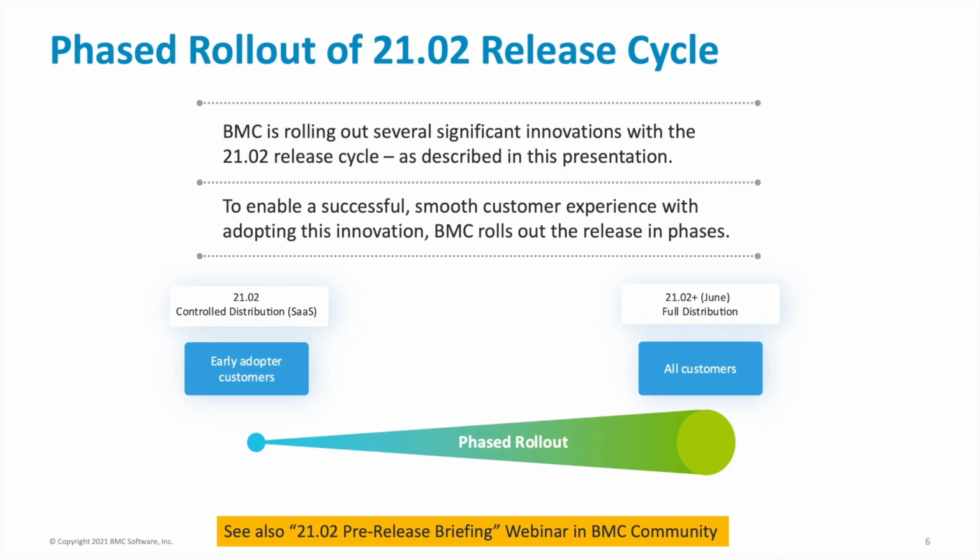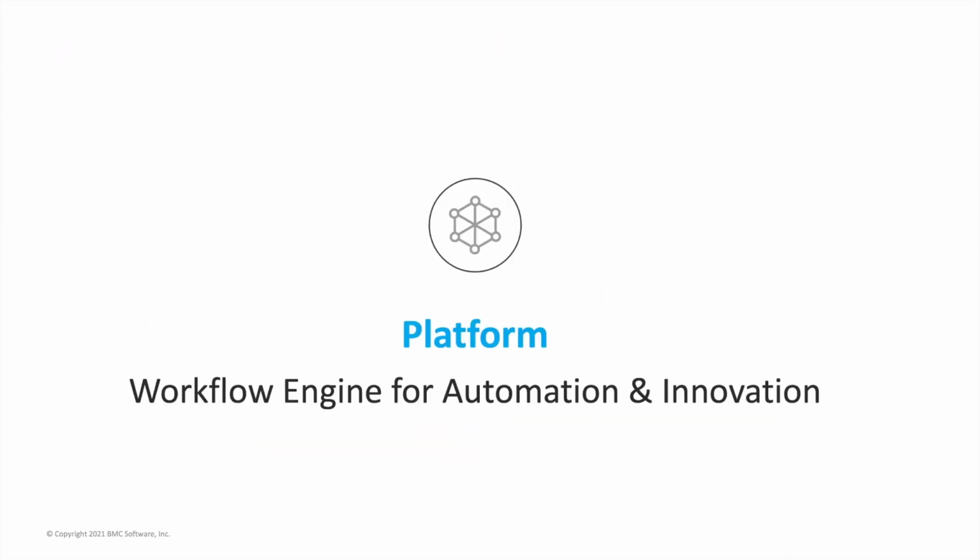For those of you who are interested to understand more, I highly recommend that you look at the recording of the 21.02 pre-release briefing webinar, where we specifically touched on this topic in a bit more detail, also on some other topics. Again, not the focus for this webinar here, but I wanted to mention that to set expectations.